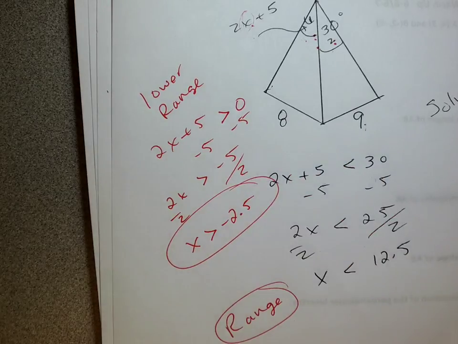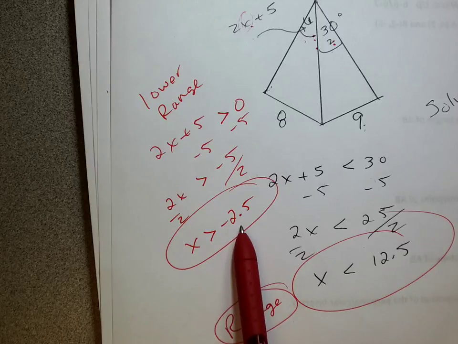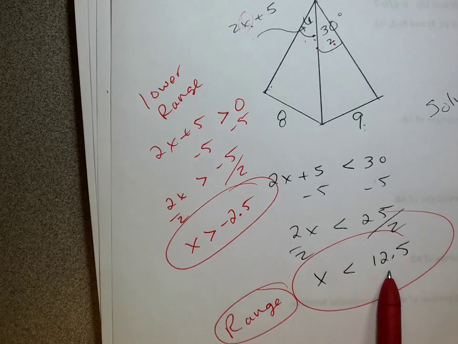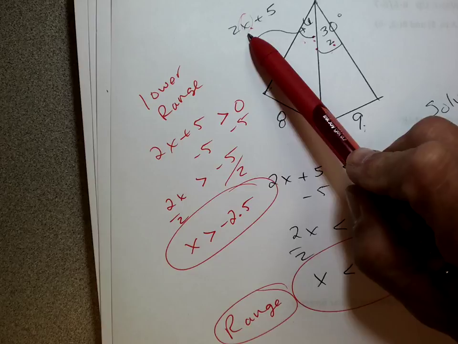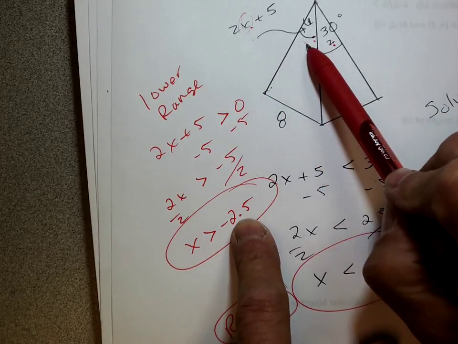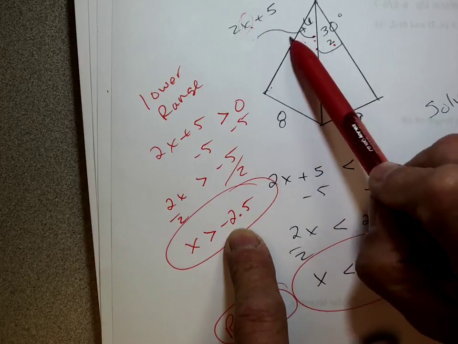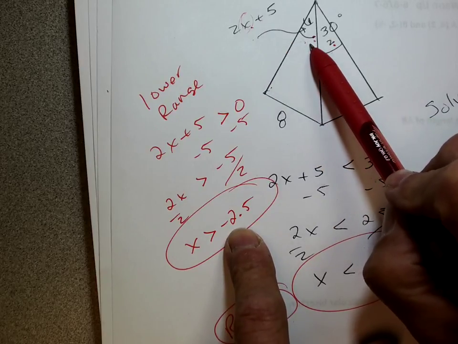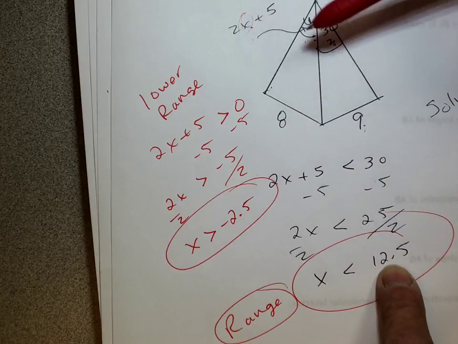Now, we need both. So whatever the value of x is, it must be in between negative 2.5 and 12.5. Now, one more time. Almost done. You need to listen. Shh. Think about this. If the value of x is less than negative 2.5, this angle is going to be 0 or negative. Can't be. You can't have a negative angle. Or if the value of x here is bigger than 12.5, then this angle will be more than 30.